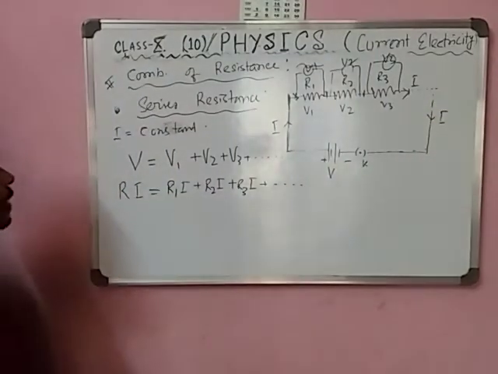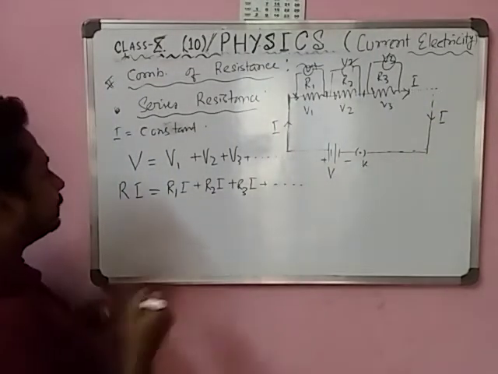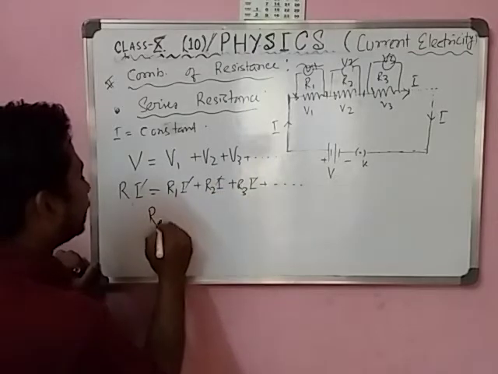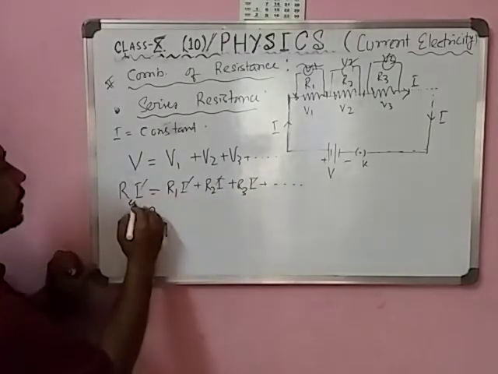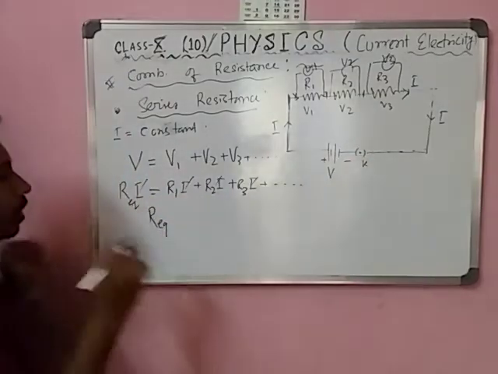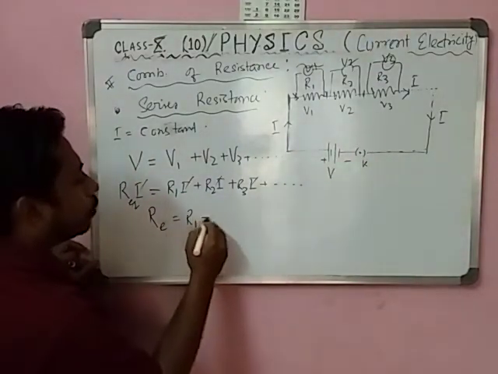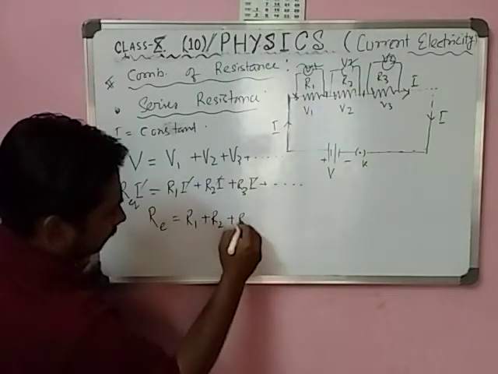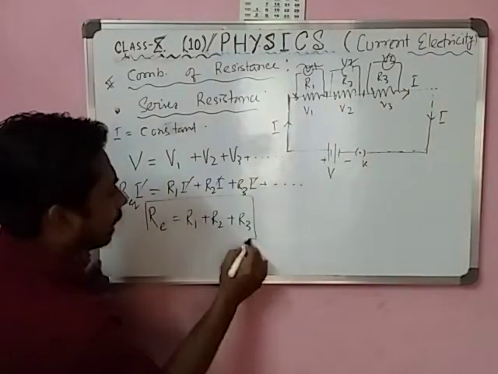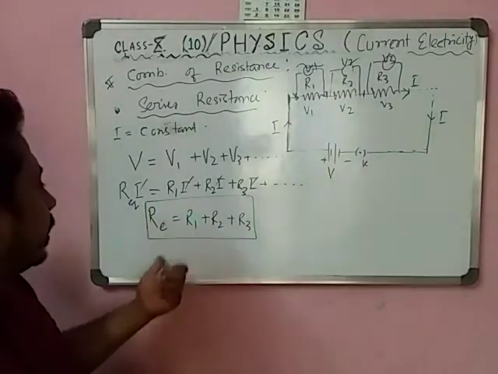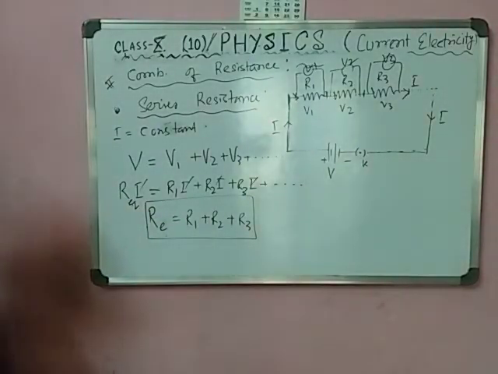Then if you cancel all the I, we get R equivalent. This is called R equivalent, meaning the total or effective resistance, RE, equal to R1 plus R2 plus R3. You just sum all the resistances to get the effective or total resistance.